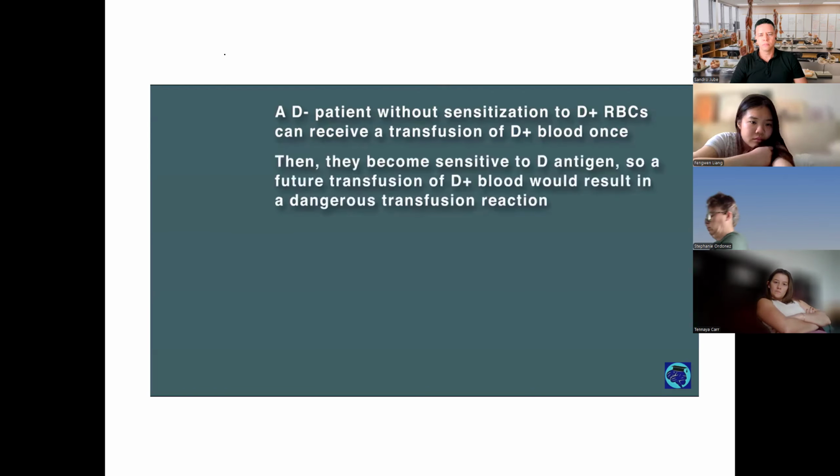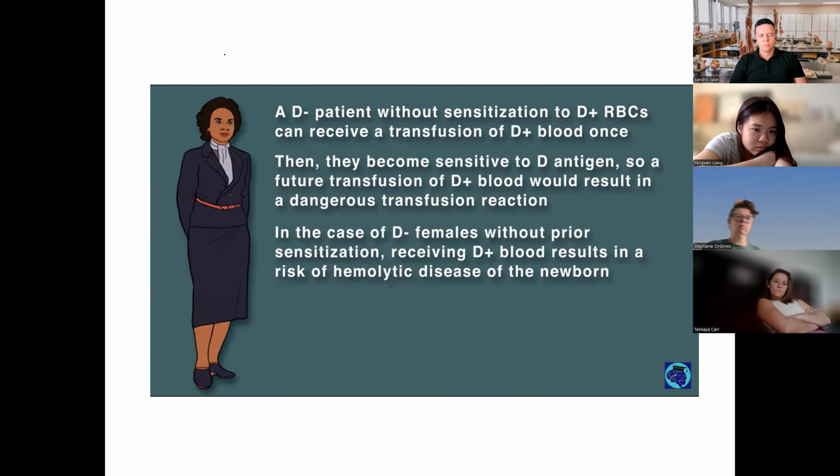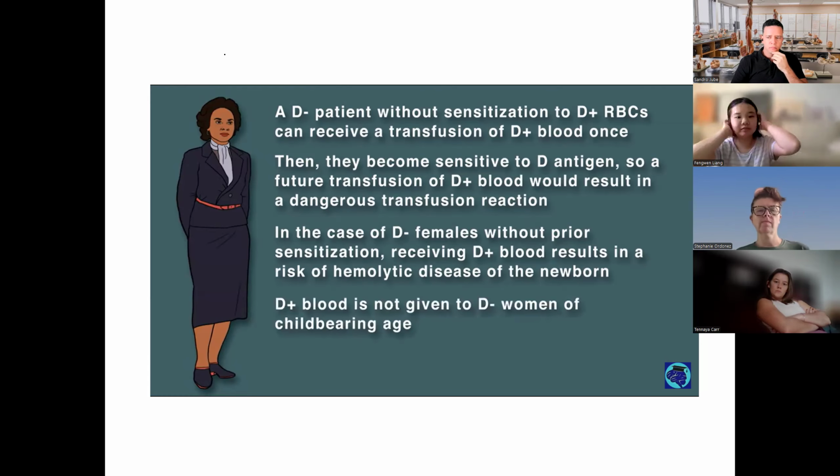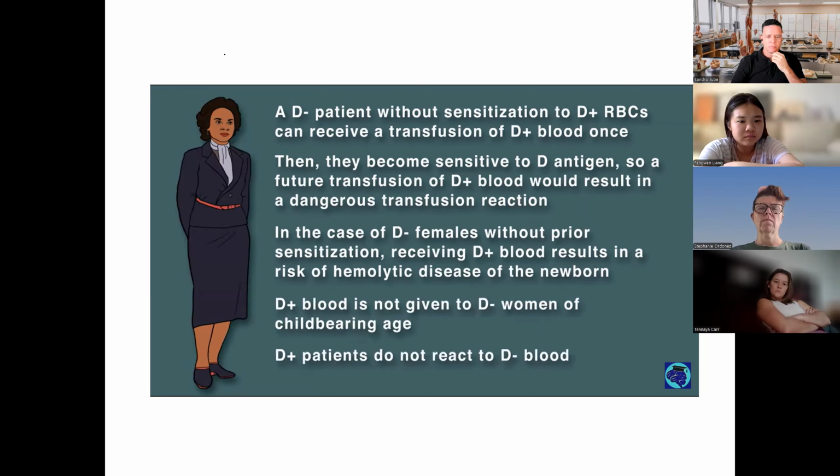Then they become sensitive to D antigen, so a future transfusion of D-positive blood would result in a dangerous transfusion reaction. And, in the case of D-negative females without prior sensitization, receiving D-positive blood results in a risk of hemolytic disease of the newborn. Hence, Rh D-positive blood is not given to D-negative women of childbearing age. Meanwhile, D-positive patients do not react to D-negative blood. The same kind of matching is done for other Rh antigens.